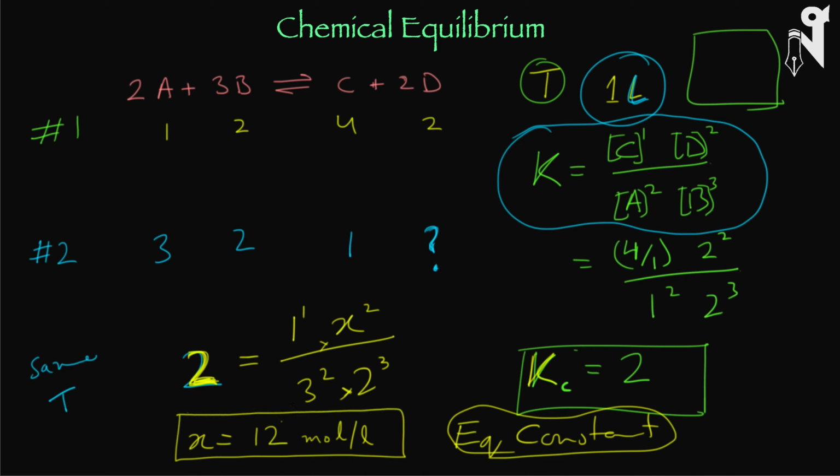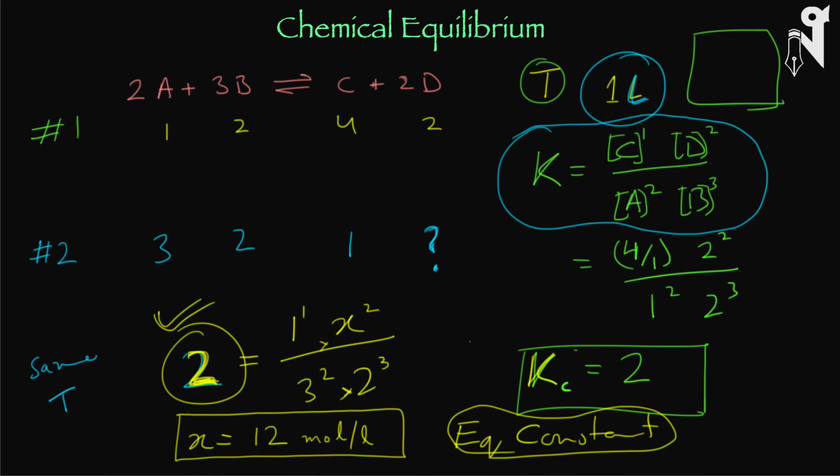So I hope you got the point that once K is found or K is given, it remains same until temperature changes. And in this chapter, in 90%, 99% of the questions, we don't have a temperature change. When there is a temperature change, how K will vary, we'll have a separate formula for that towards the end of the chapter.